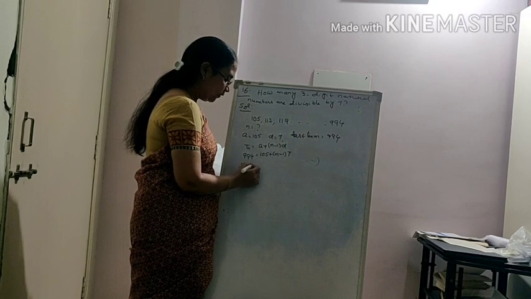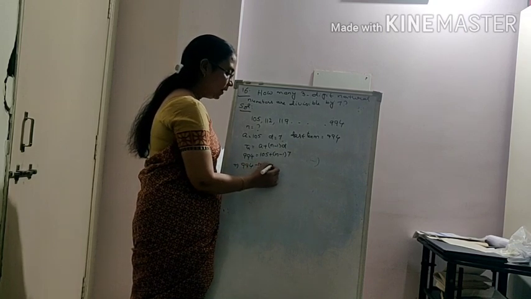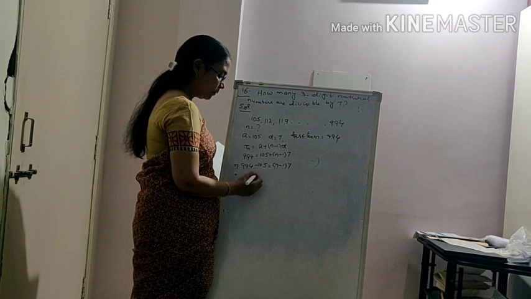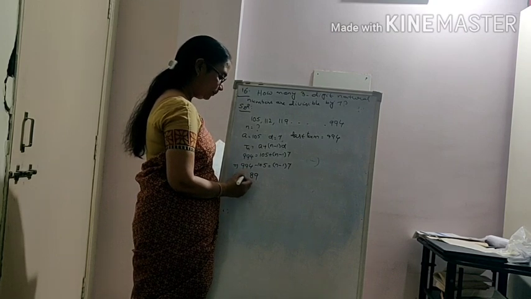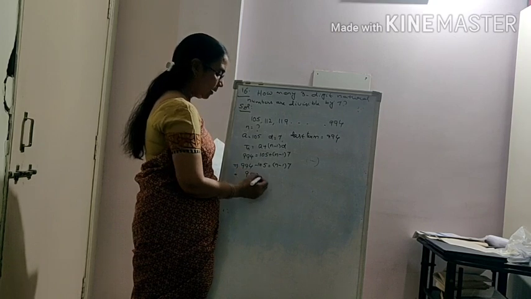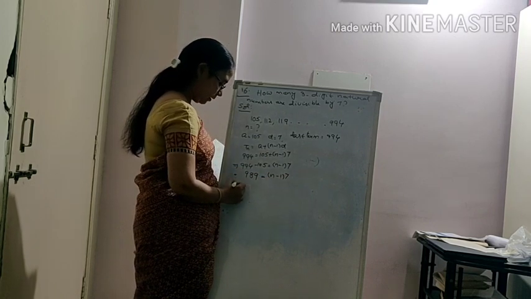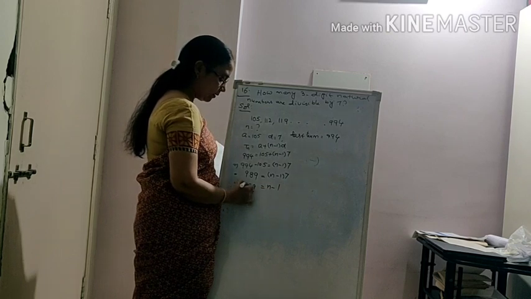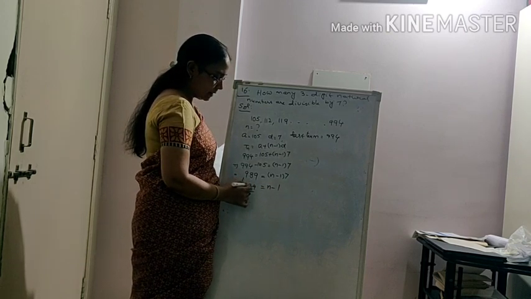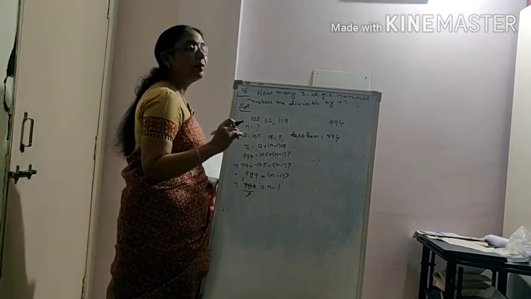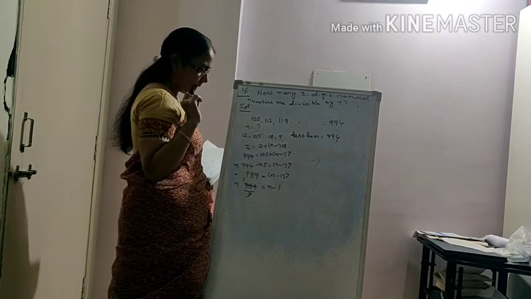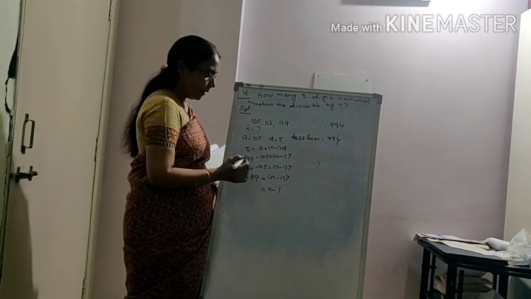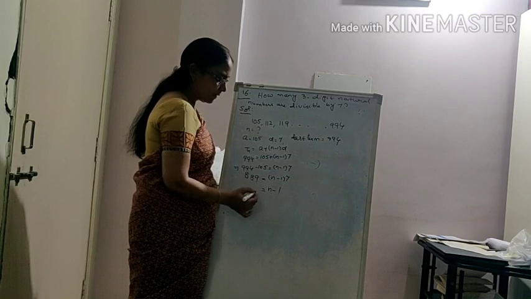Now 994 minus 105 is equal to (n minus 1) into 7. 994 minus 105 is 889. So 889 is equal to (n minus 1) into 7.